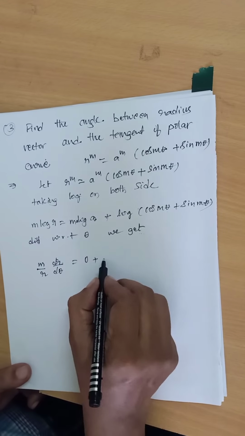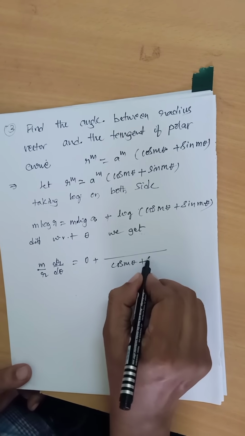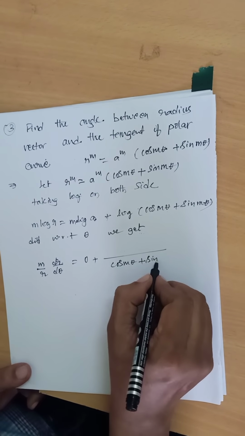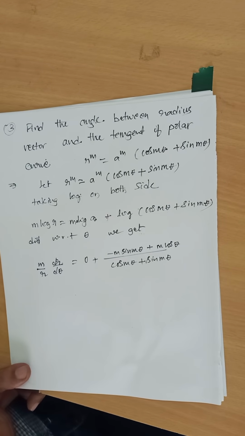Derivative of log of this is 1 by cos m theta plus sin m theta into derivative of cos m theta plus sin m theta, which is minus m sin m theta plus m cos m theta.